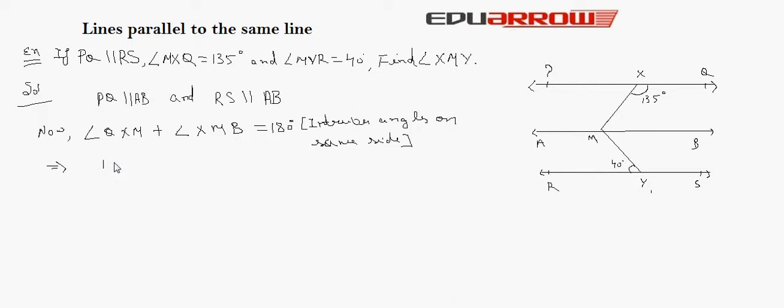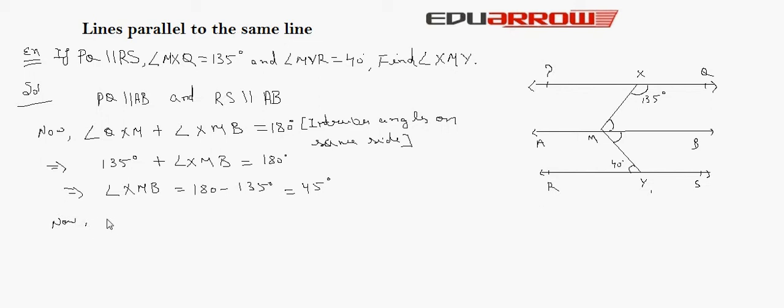Now it is given that angle QXM is 135 degrees, plus angle XMB is equal to 180 degrees. Therefore, angle XMB is equal to 180 minus 135 degrees, that is equal to 45 degrees.